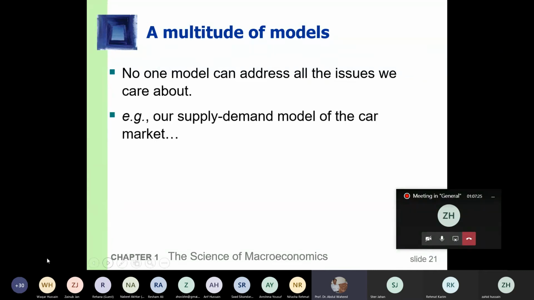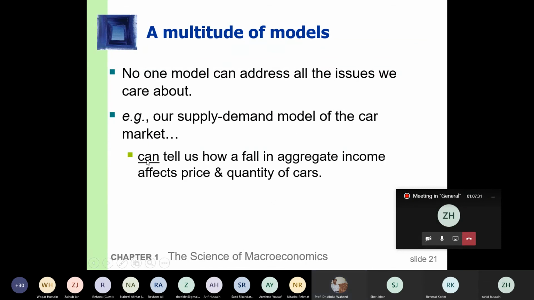For example, our supply demand model can tell us how a fall in aggregate income affects price and quantity. So we can discuss if there is an increase or a decrease in income, and explain how it will affect the price of cars and the quantity of cars.